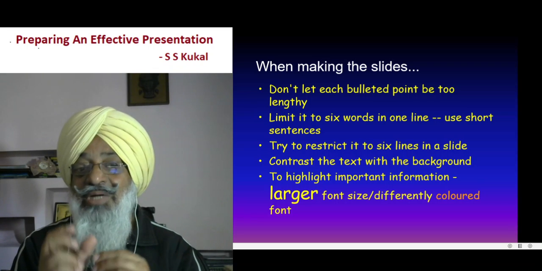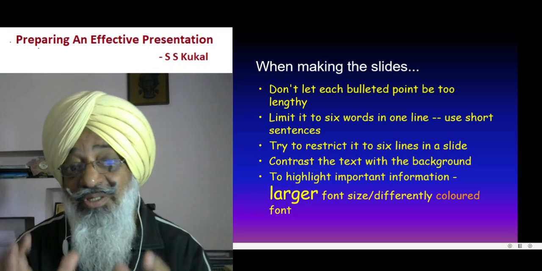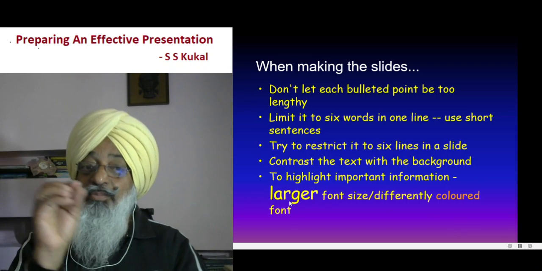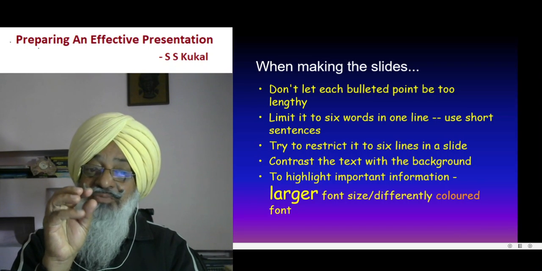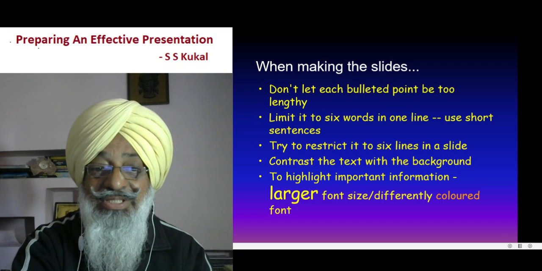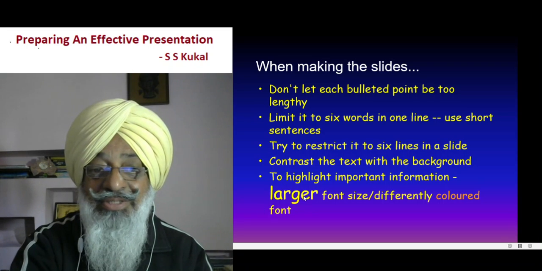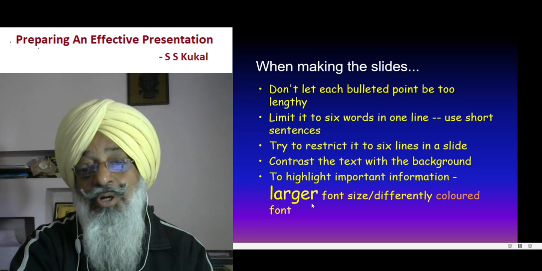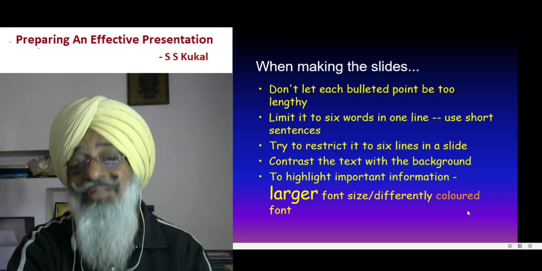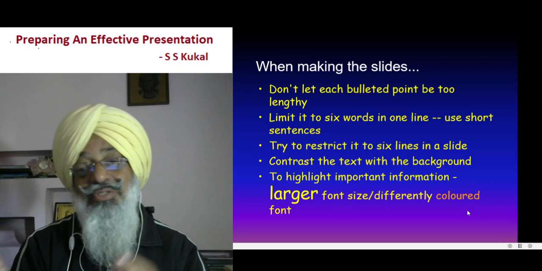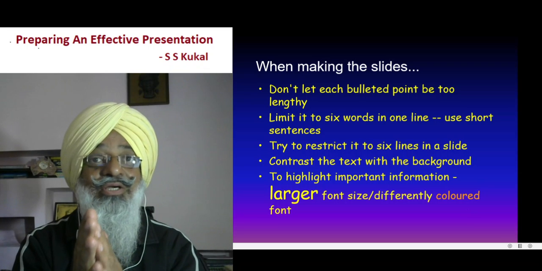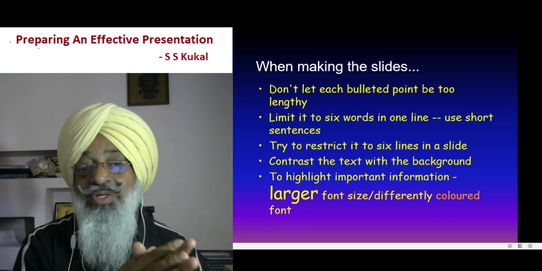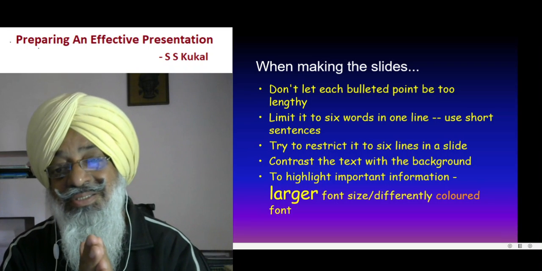And when you have to highlight a point, some important information, you can increase the font size. So the audience will concentrate on this. Their eyes will deliberately go over here. It is larger, or it could be differently colored. If it is differently colored, naturally the audience will first of all see why it is different. Oh, this is important information. This is what he wants to say. So color contrast is very important.